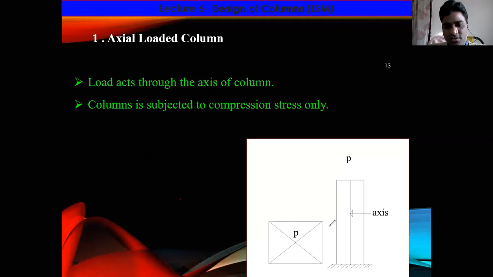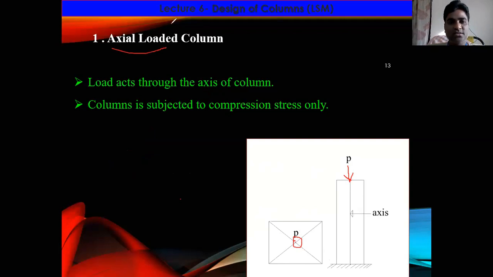See, this is the cross section, that is, the plan of a column. The load is exactly concentrated at the CG of the cross section. Suppose it is a square, the load is exactly concentrated like this. So it acts exactly along the centroidal axis of the column. Then we can call it an axially loaded column.